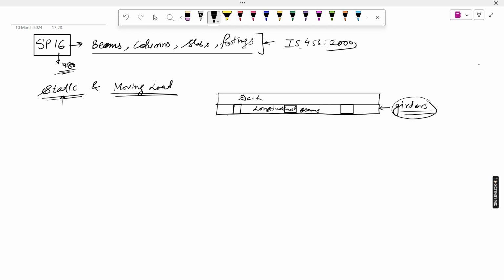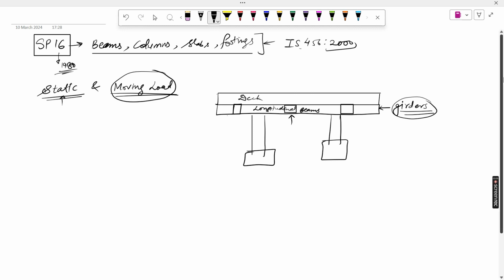So this is the section view, the front view of the bridge. Here are the piers, abutment, piers, this is the foundation. So here are some beams that should be designed for moving loads. I am first going to discuss the static loads.